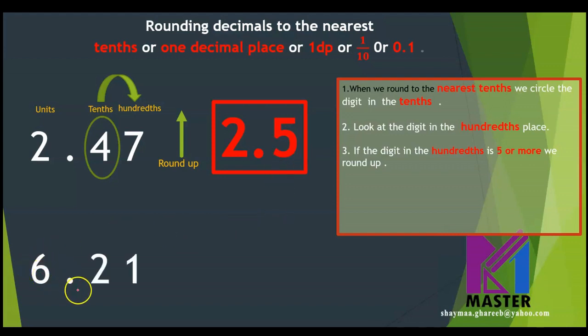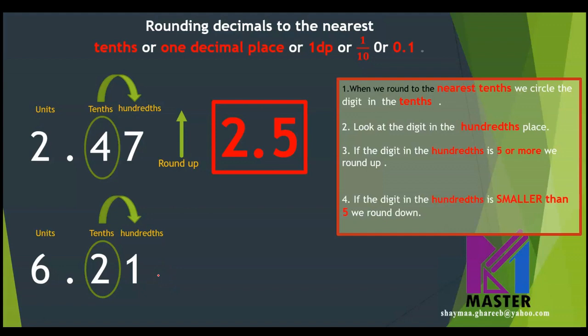Another example, 6.21. So I want to round to the nearest tenth, which is the digit 2 will be rounded. So am I going to round it up or down? I'm going to look at the digit in the hundredths. It's 1. So if I have a digit that is less than 5 in the hundredths place, I'm going to round down.